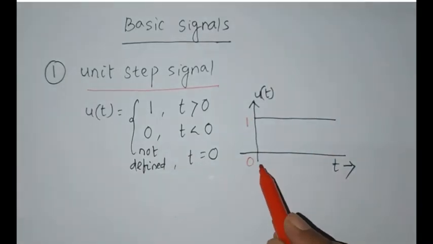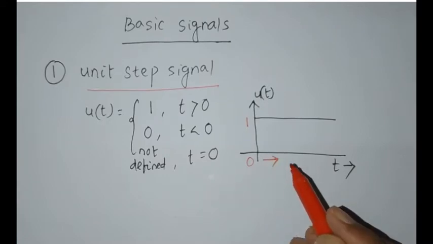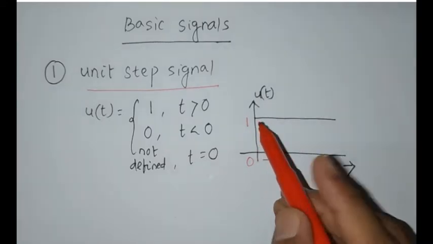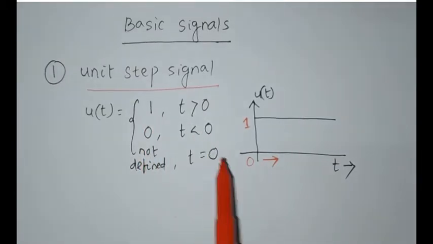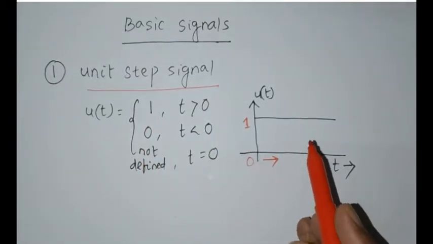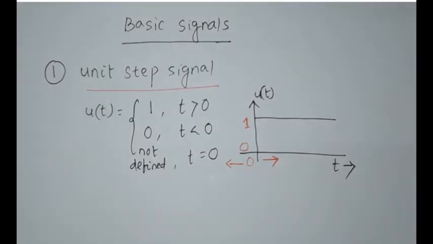If you see this unit step signal, when t is greater than 0, it is equal to 1, and when t is less than 0, the left hand side of 0, it is 0.